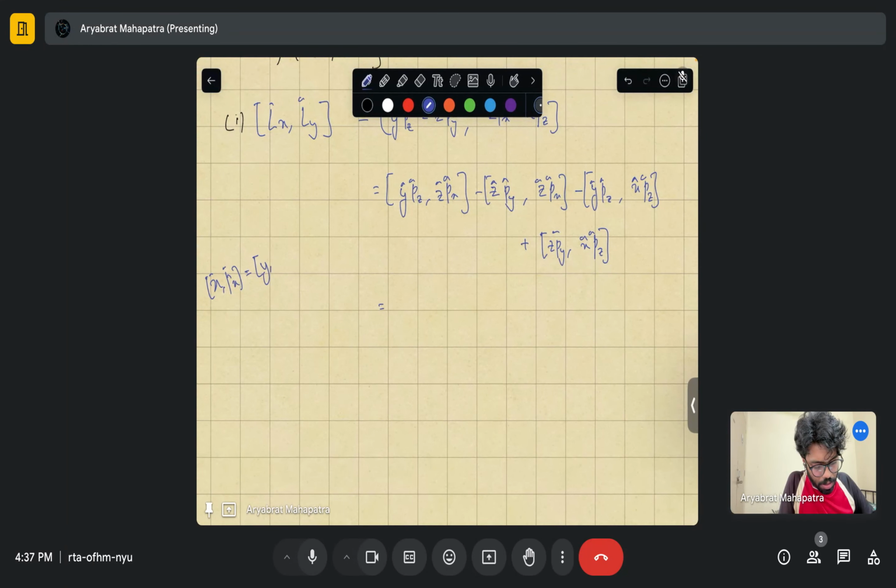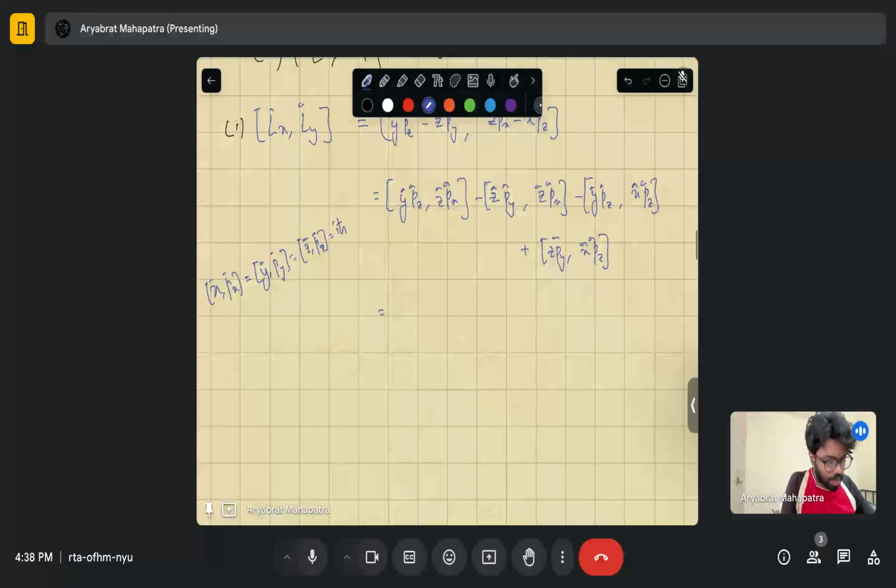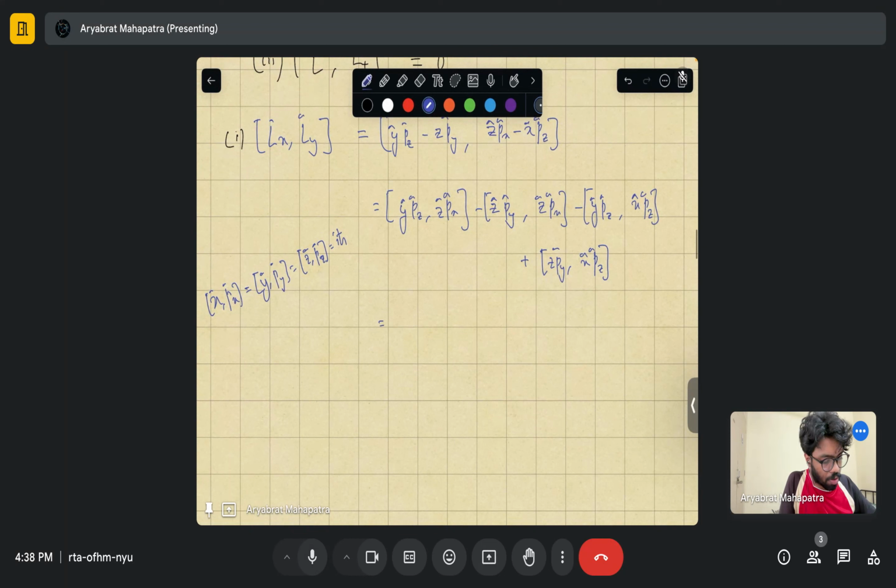The commutator of x and px is iħ, so x, px are canonical conjugate variables of each other. Same way y, py, and z, pz. So this is the Heisenberg uncertainty relation, and using this you can work out the result from here.